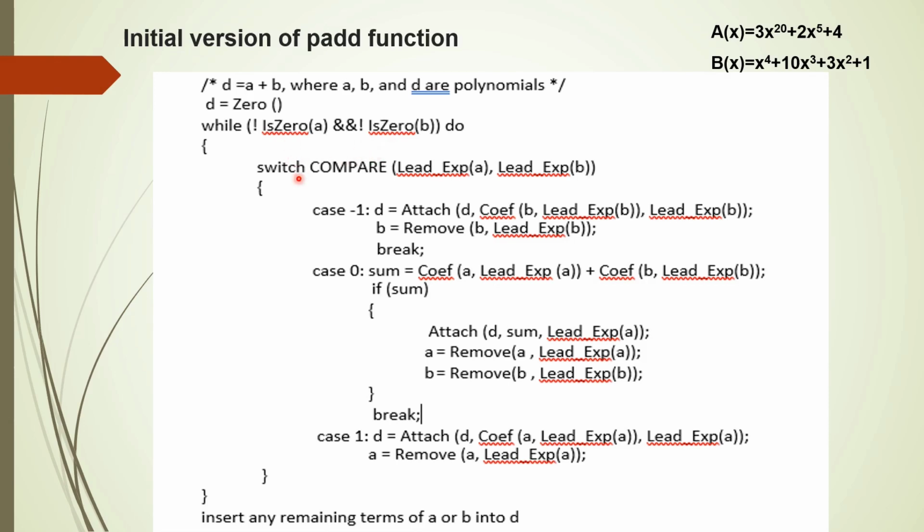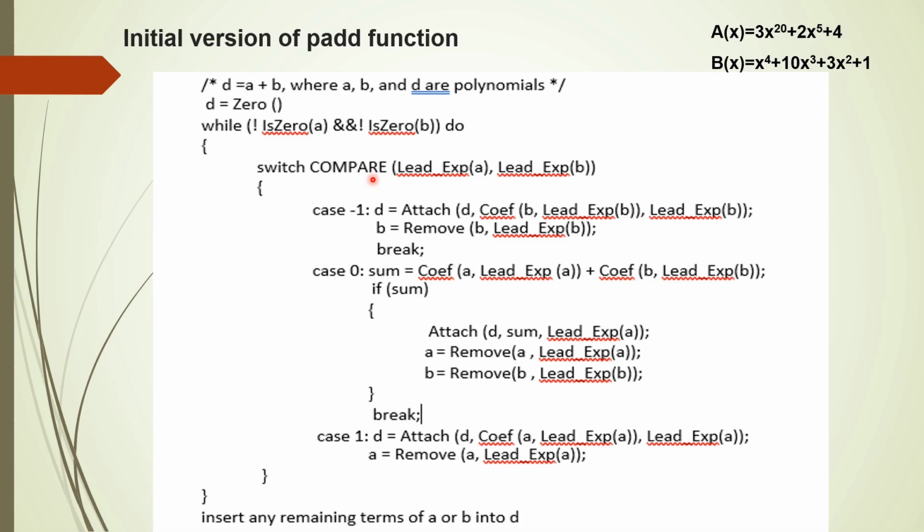It's not 0. So now it will compare the leading exponents. The leading exponent of this polynomial is 20, the leading exponent of this polynomial is 4. So the leading exponent function will give you 20 for a, and the leading exponent of b will give you 4. So 20 and 4 will be sent to the function compare. The compare function will compare these two values, the first parameter and the second parameter.